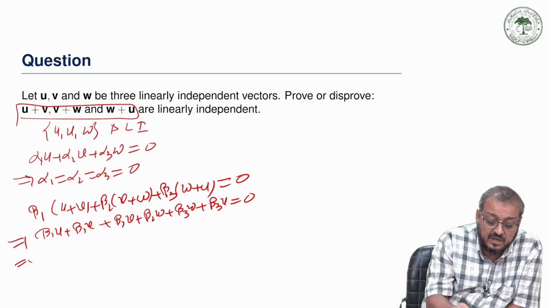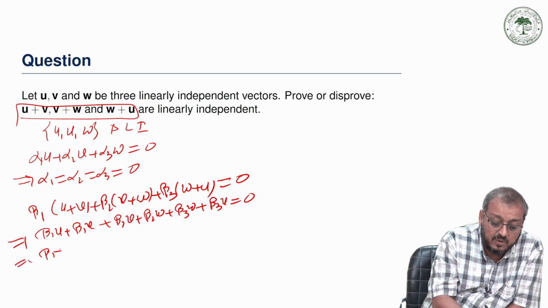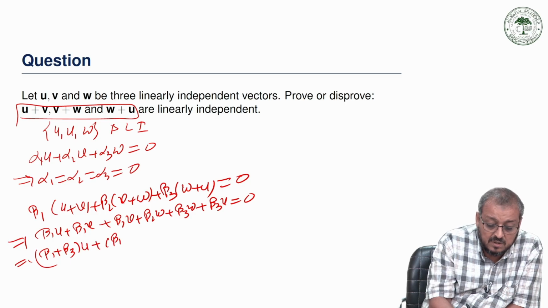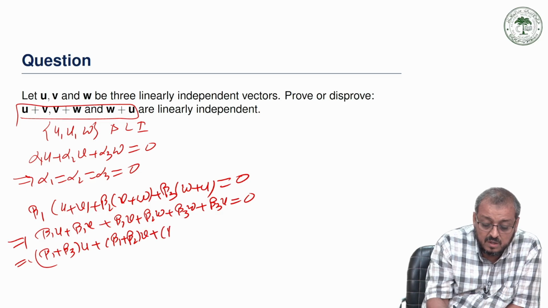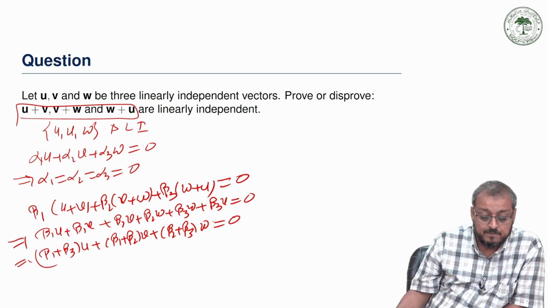Rearranging, we can write (beta 1 plus beta 3) u plus (beta 1 plus beta 2) v plus (beta 2 plus beta 3) w equal to the 0 vector.